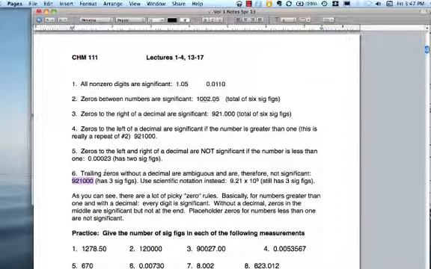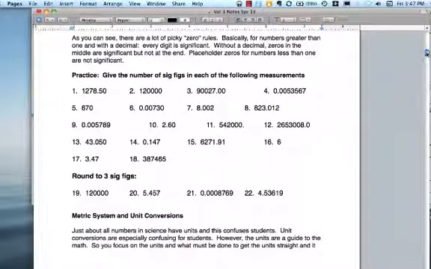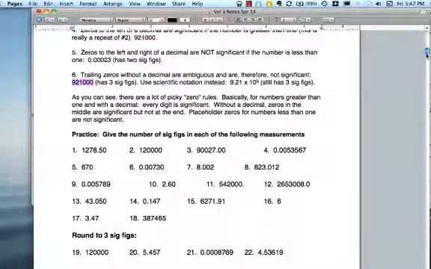I don't see one, but we're going to do an example. That one's got a decimal. When I go to the practice, I will come up with one because I don't see an example like that. Okay. So, without a decimal, you have to be careful. Zeros at the end are placeholders.